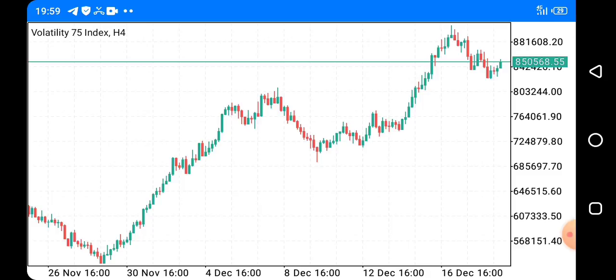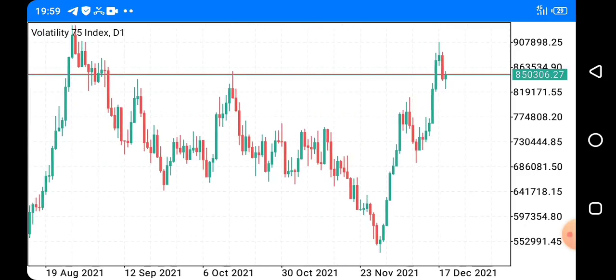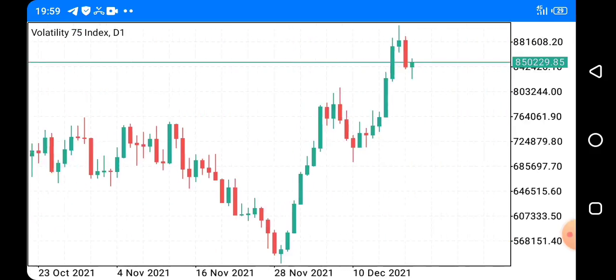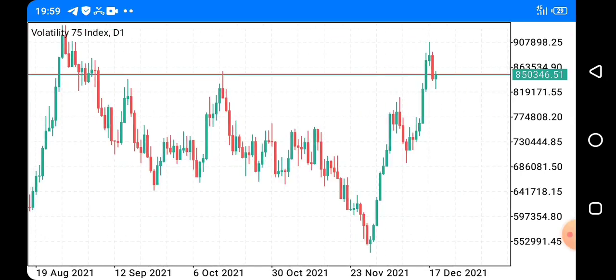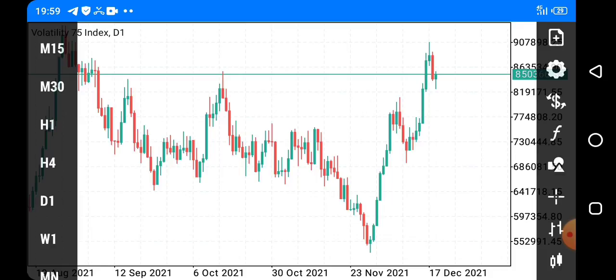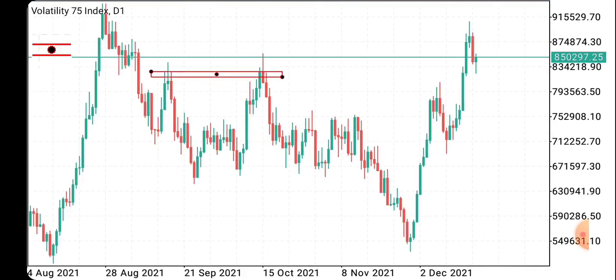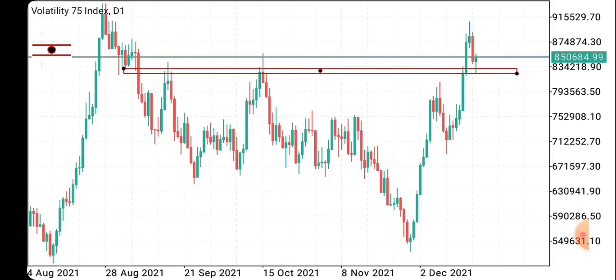From our analysis, we start by identifying the trend of the market. It's clear the market is in an uptrend. If you go to a higher time frame, the Z1, we identify our demand and supply zones. We sketch them out, and you see that price has reacted to this zone a particular number of times.